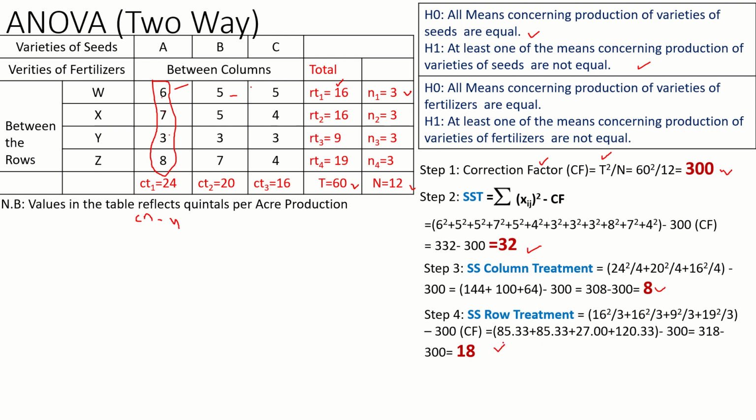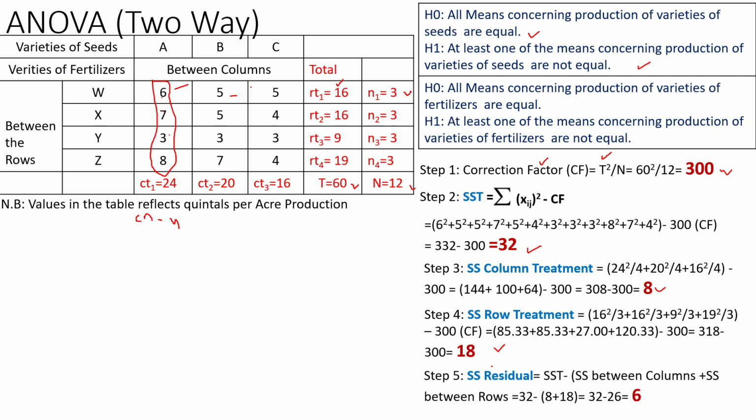Then we get the residual, which is actually the error. It is SST minus the sum of squares between columns plus the sum of squares between rows: 32 minus 8 plus 18, and we get 6.